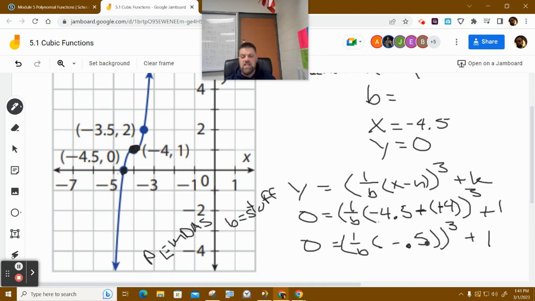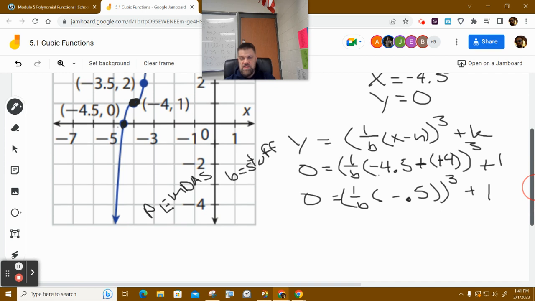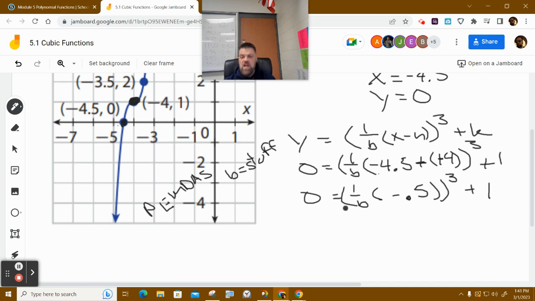So the next thing I need to do, in order to figure out b, I've got to somehow separate this stuff. So what I'm going to do, and this might be a little tricky for you, I have this 1 over b in the cubes. How do you undo something that's cubed? Cube root. But before I do the cube root, I need to subtract 1 from both sides.